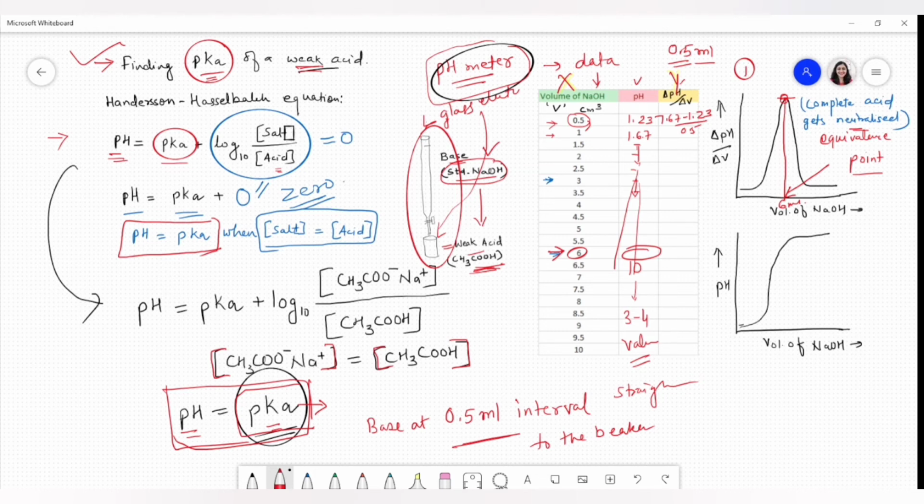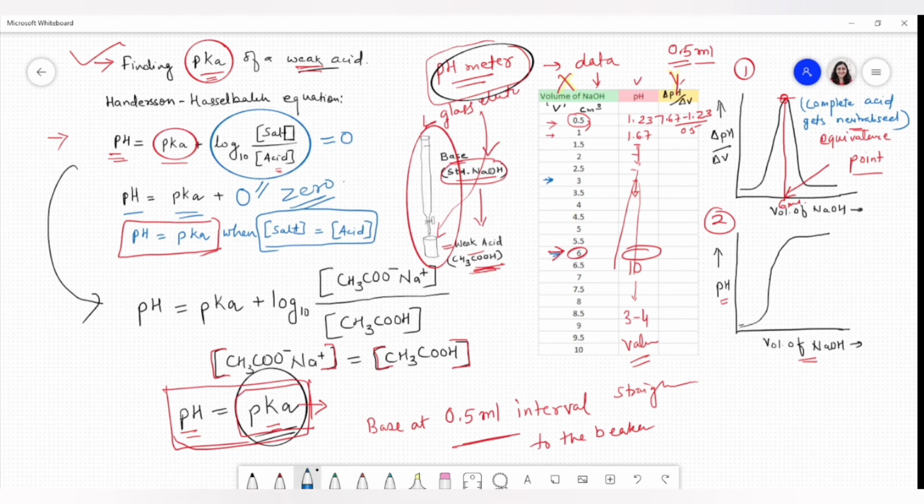Okay, now let's look at the second graph. The second graph says that you have volume of NaOH on the x-axis, and now I have taken pH on the y-axis.